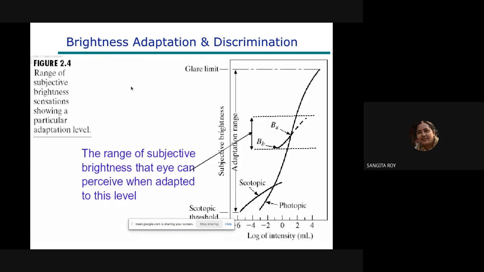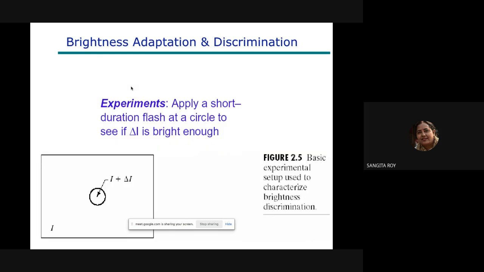In the plot, the x-axis is the log intensity and the y-axis is the subjective brightness, and the scotopic threshold is shown. So today's class is basically about why we are taking the log luminance scale in the weighted least mean square noise removal technique using edge preserving.